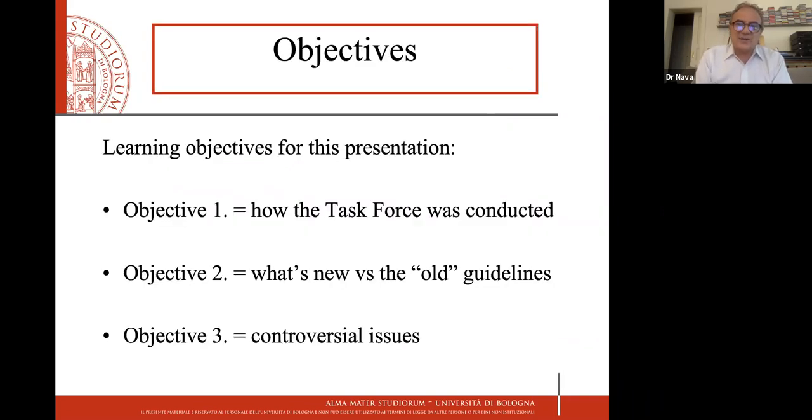So let's start with the aims of this 45-minute lecture. Objective number one: how the task force was conducted, because I think it's interesting for all of us to understand how a specific paper has been conducted, because sometimes we receive tons of papers, tons of sentences, and we do not really understand how they were built up.